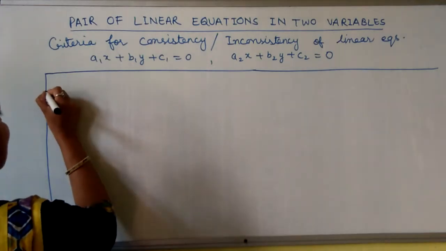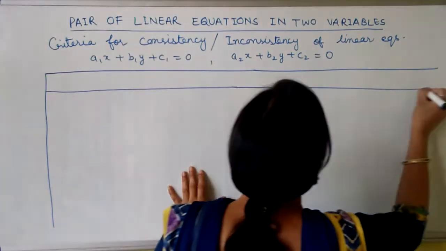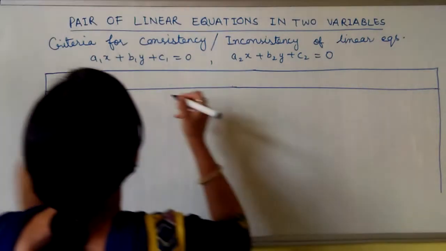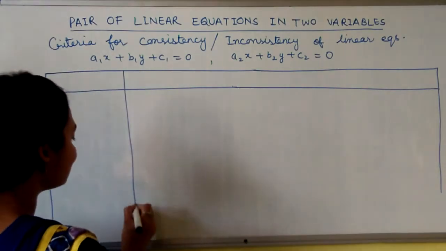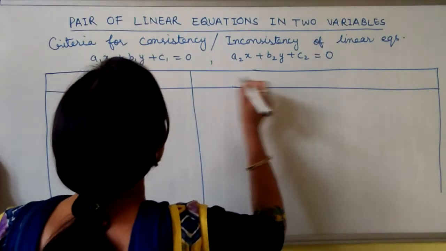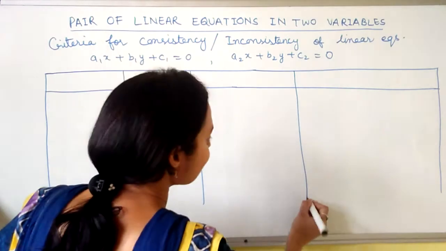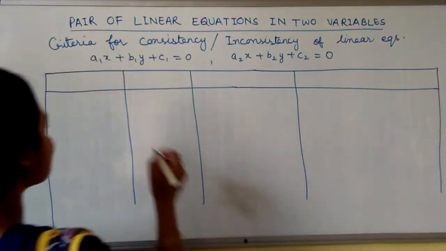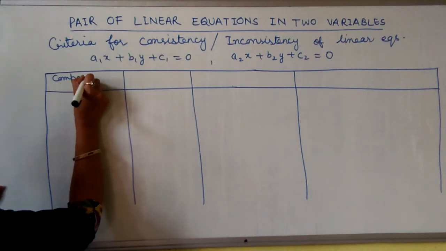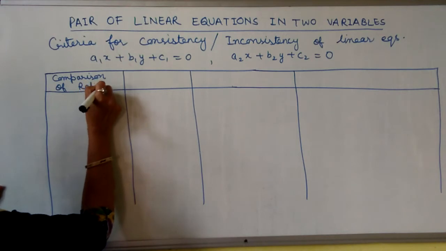In the first column I have 3 rows: 1, 2, 3 and 4. System, algebraic representation and graphical interpretations. This is comparison of ratios.